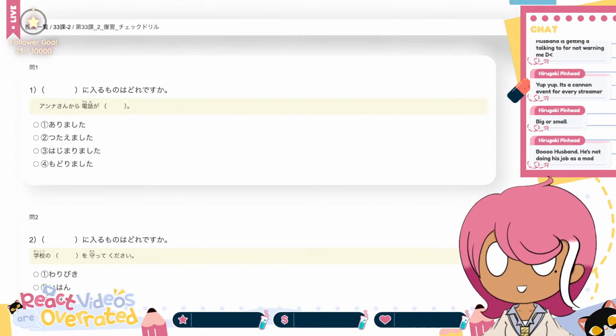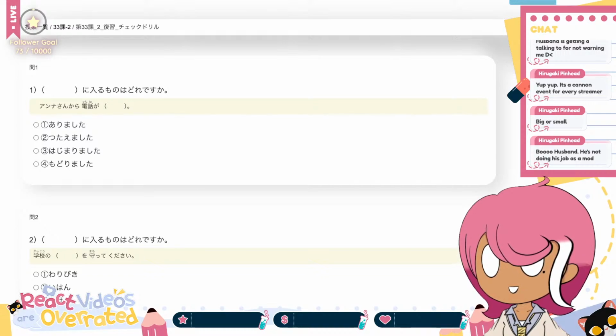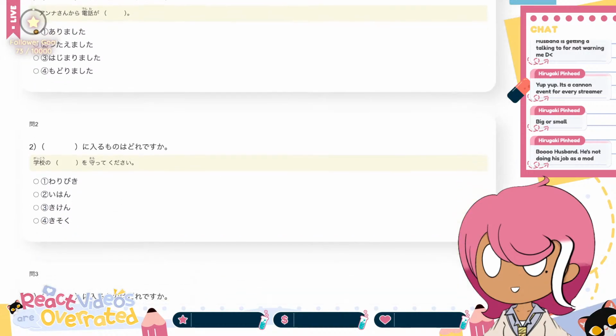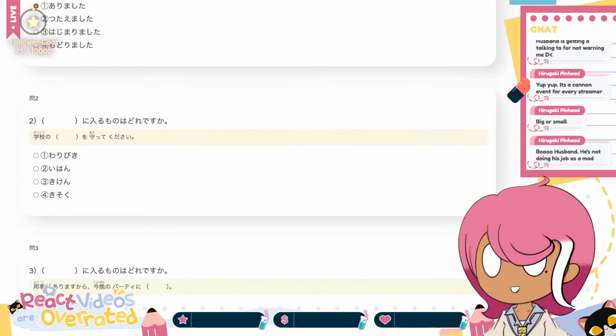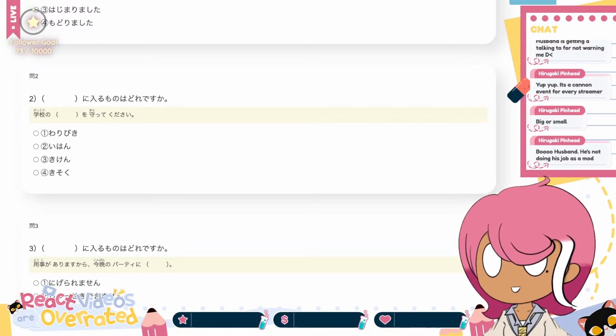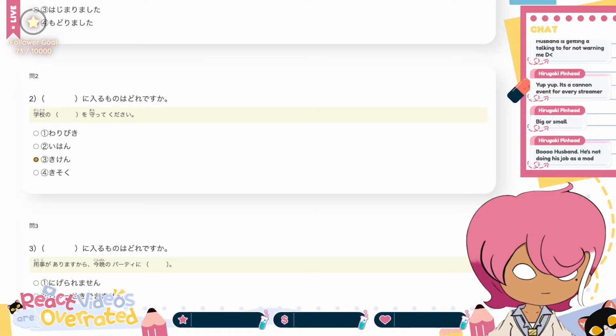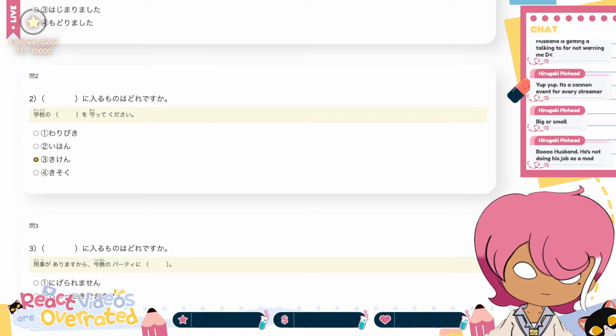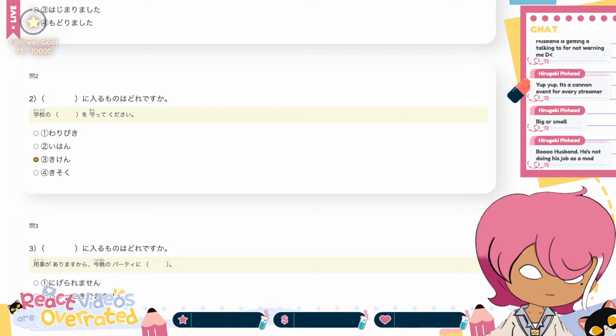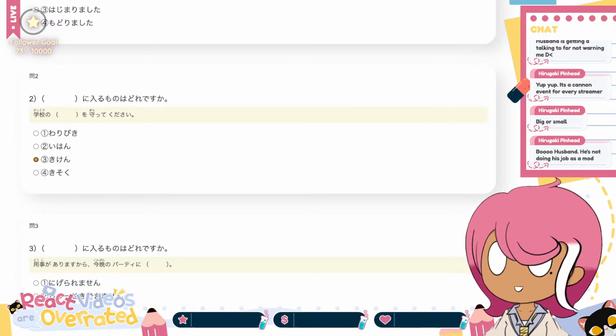Okay, next. アンナさんから電話がありました。学校のを守ってください。違反、危険、規則、危険. It's not what a wiki.